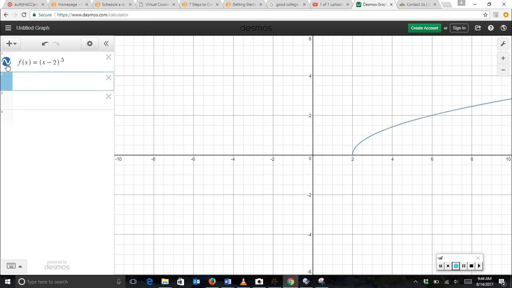And whoops, I have it turned off. There it is. So then if we do our inverse, which is f of x equals, you don't need inverse notation when you're using the grapher, x squared plus 2. You can see the reflection, okay, but we only want to look at the correct half of that.